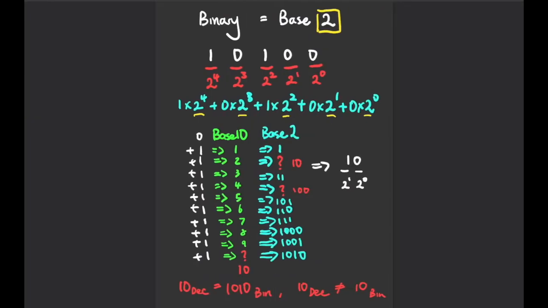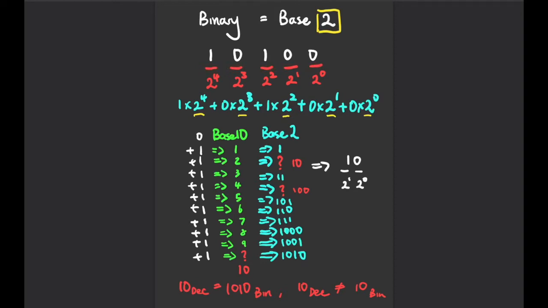After giving a quick recap as to base 10, or our decimal number system, let's move on to talk about binary, the buzzword, or base 2. As we can see here, we have a binary number 10100. And much like the decimal base 10 number system, each of these digits in this binary number has a different value.